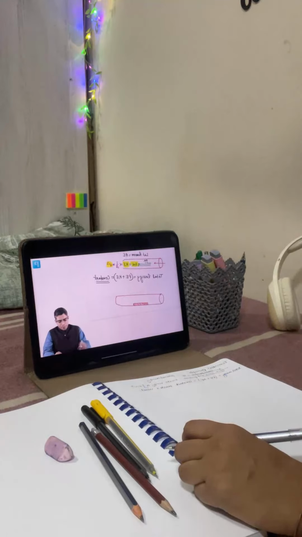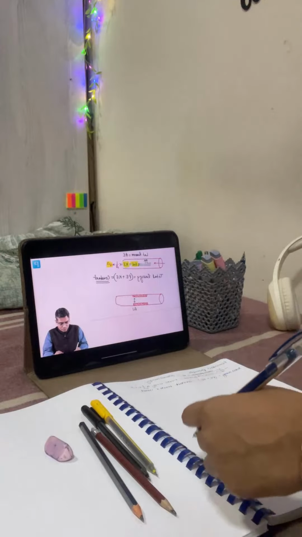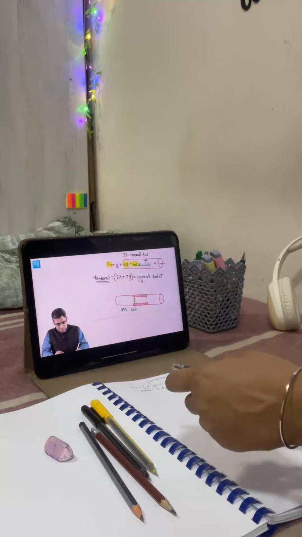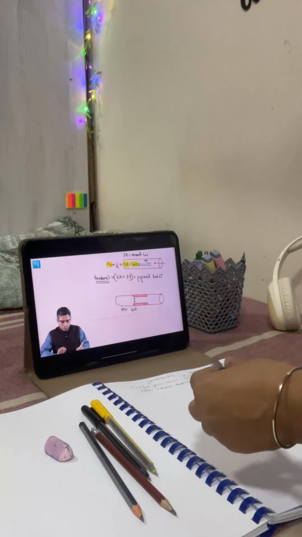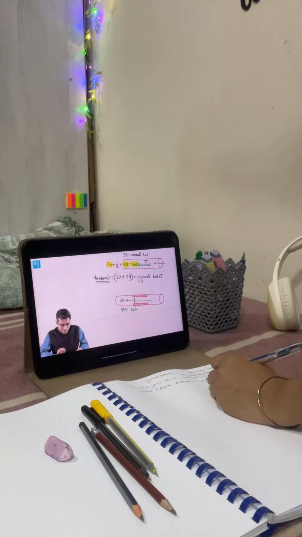So what will happen? Whenever there is constriction of the lumen aperture, the cross-sectional area at this point will be lesser. If this cross-sectional area is decreased, I told you already, what will happen to the velocity? Velocity is going to be high. So I can understand that in this area where the atherosclerotic plaque has been formed, the velocity of blood flow will be very, very high.